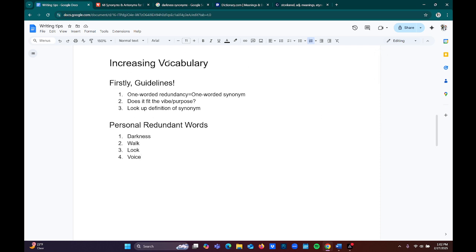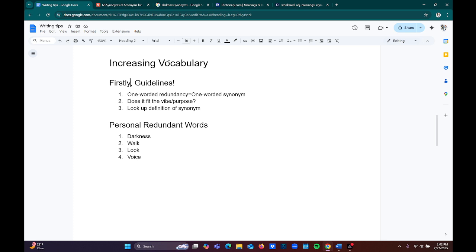So, one thing that I do also notice, and I also struggle with this, is increasing vocabulary. Sometimes what happens is you're writing, but then you get into a subject and you end up reusing words.